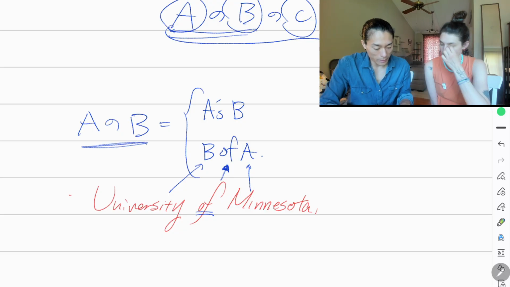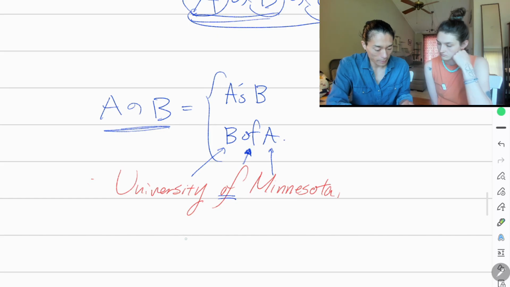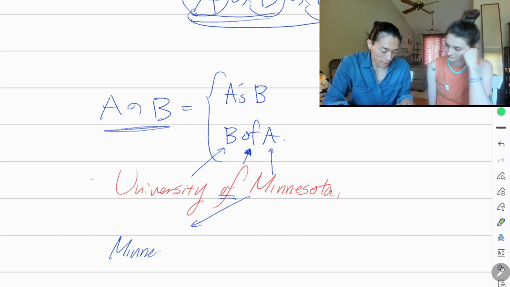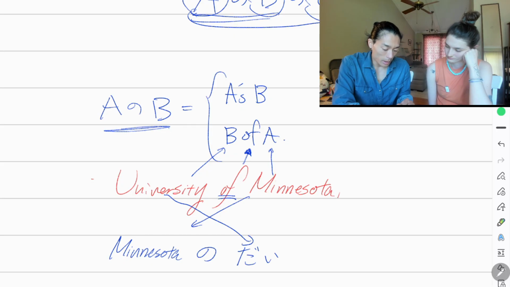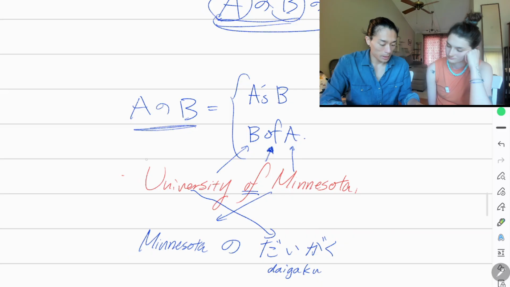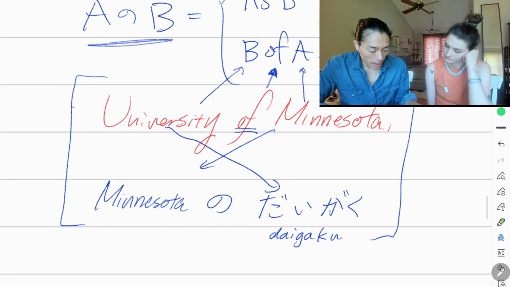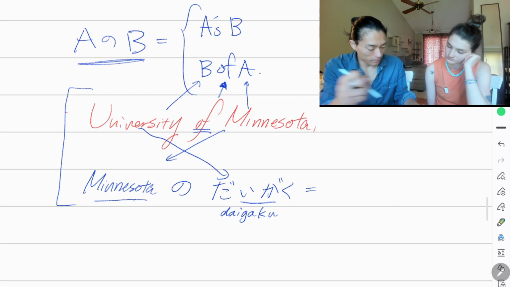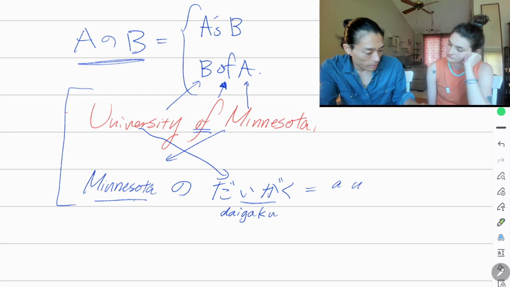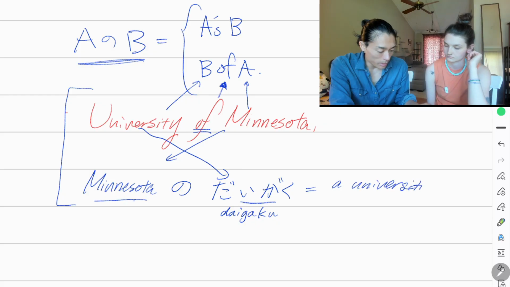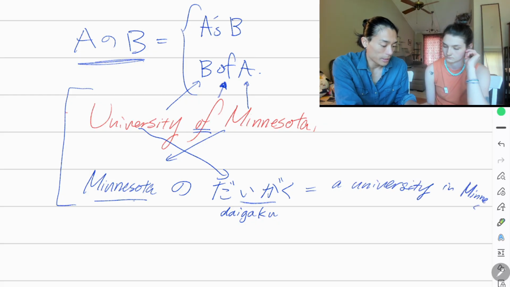So we have to put Minnesota first, Minnesota no daigaku. In Japanese we say daigaku. This is the literal translation of University of Minnesota, right? But when you say Minnesota no daigaku, what it actually would mean in Japanese is a university in Minnesota. This is the literal meaning.